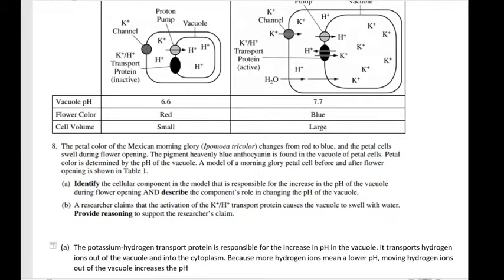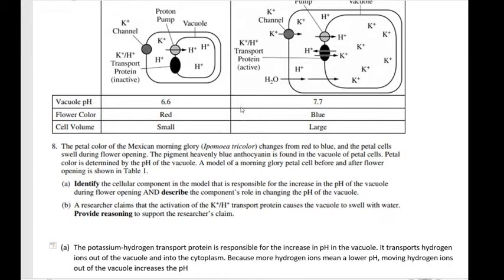And then we've got the question. A researcher claims that the activation of the potassium hydrogen transport protein causes the vacuole to swell with water. Provide reasoning to support the researcher's claim. So this one goes back to osmosis and diffusion.